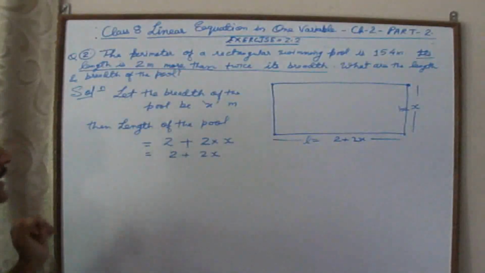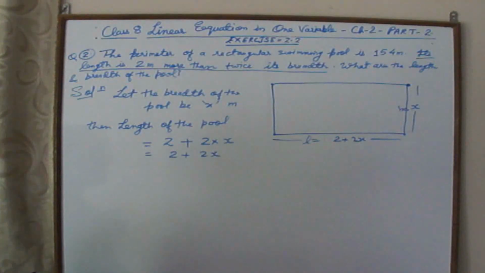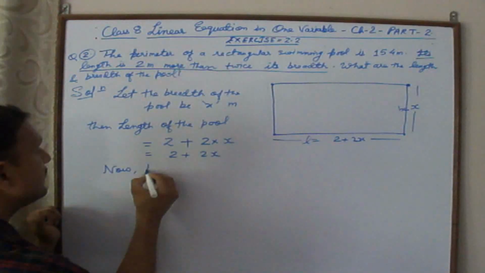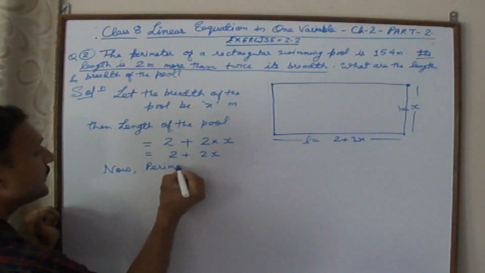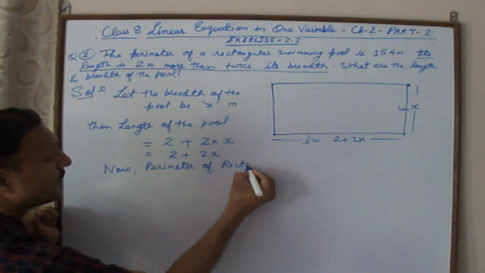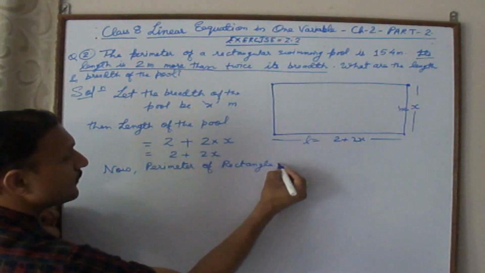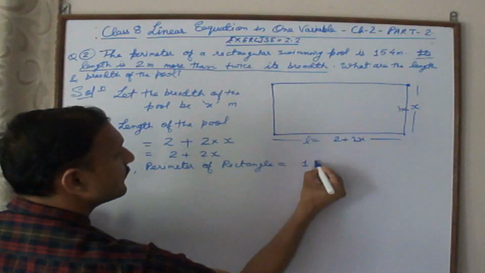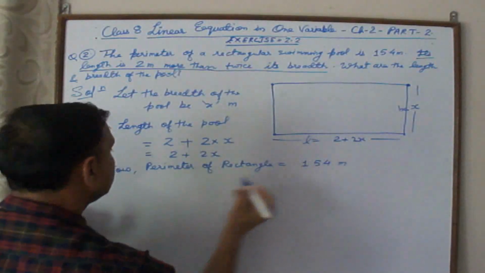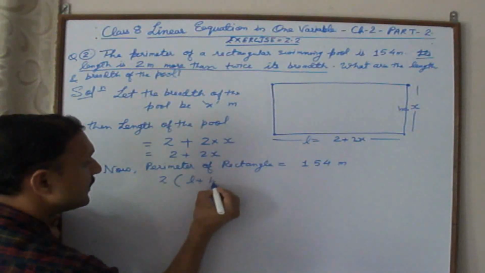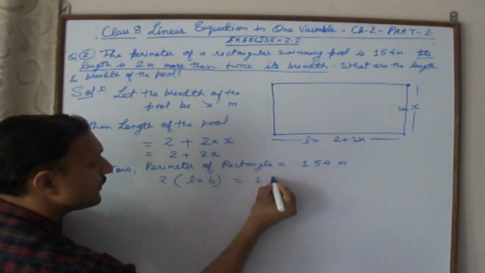Now we know the perimeter of a rectangle. In earlier classes we have studied the perimeter of a rectangle. What is given to us? 154 meter. And we know the formula of the perimeter of a rectangle: 2 multiplied by (L plus B) equals 154.